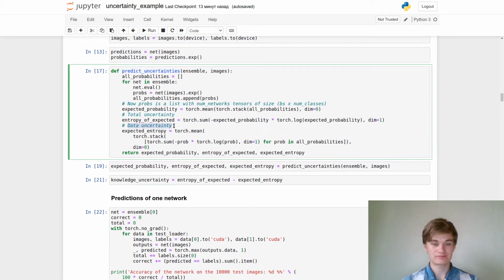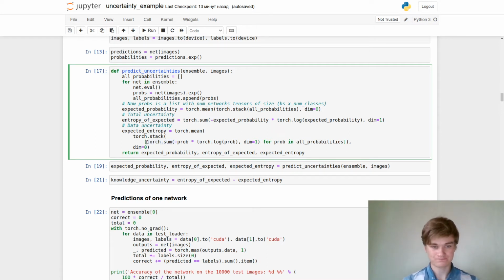And here we can calculate data uncertainty, which is expected entropy of the prediction, and this is just mean of entropies of each predicted distribution for each model in our ensemble.